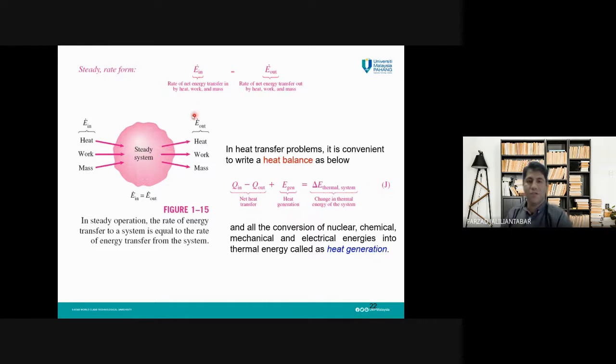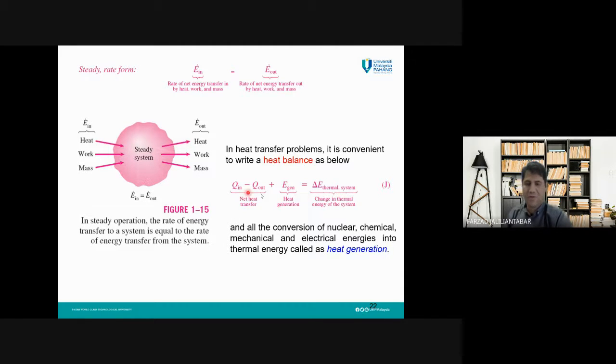E dot in means Q dot in plus W dot in plus M dot in. Then if we bring out Q in and Q out, we can write: Q in minus Q out plus E generated is equal to delta E thermal of the system.